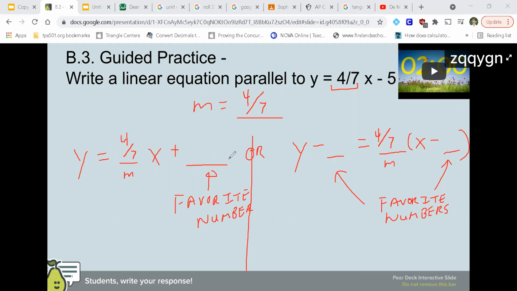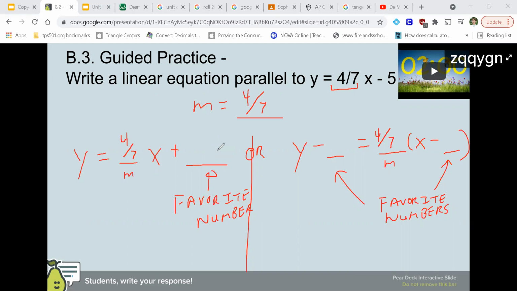I said this could be any number you want. It can be any number you want except for one number. It can't be -5. Because if it's -5, and this is a really interesting point if you care about the infinities of mathematics, then it's not a parallel line anymore, even though it has the same slope.